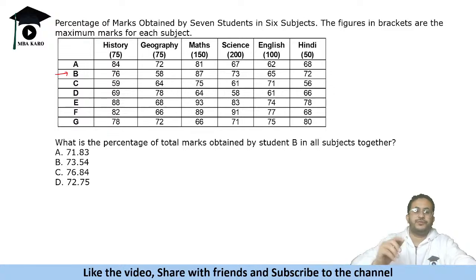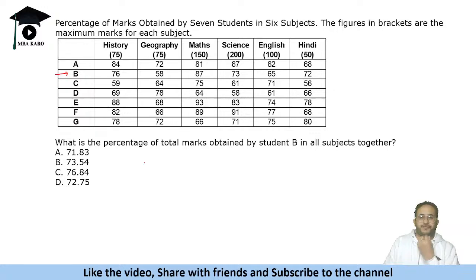Okay, so let's do this calculation. We have to find the percentage of total marks, right? This requires calculation. अब इसमें क्या कर लेते हैं, like 75 are of one category, all these are different categories, so we'll have to calculate separately.